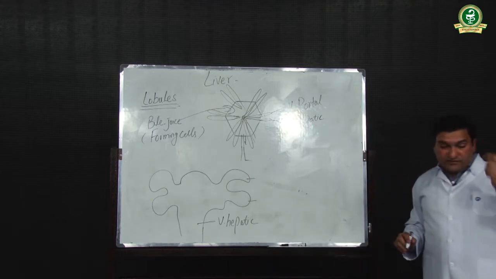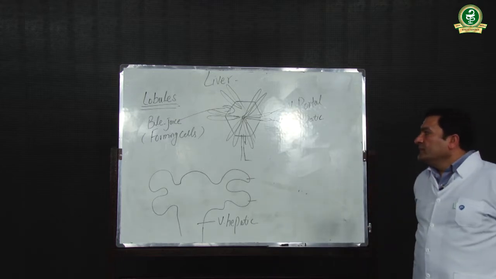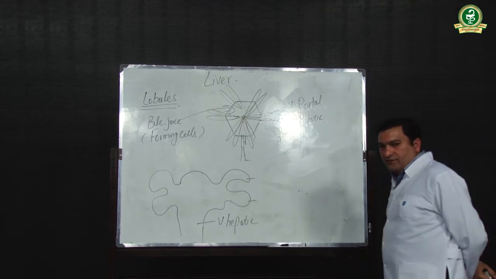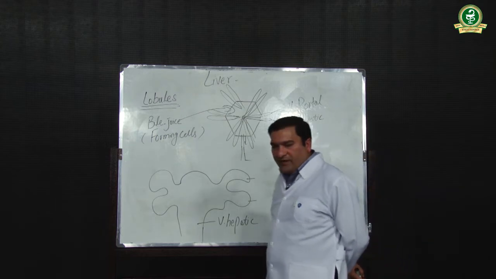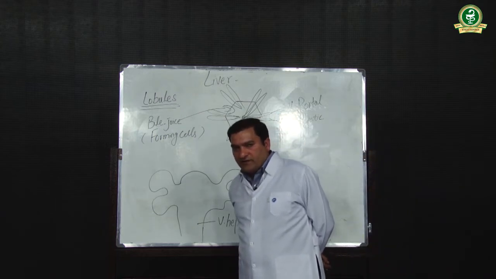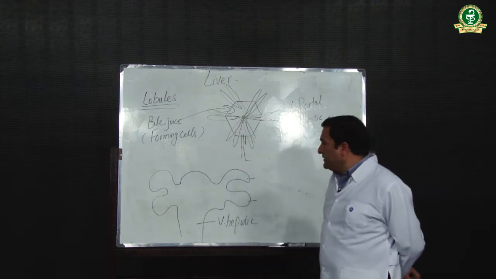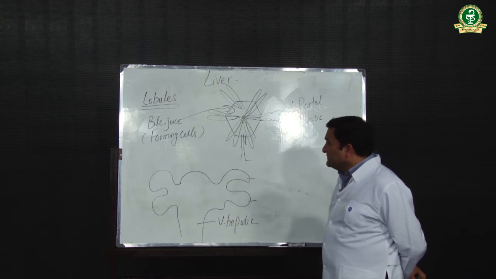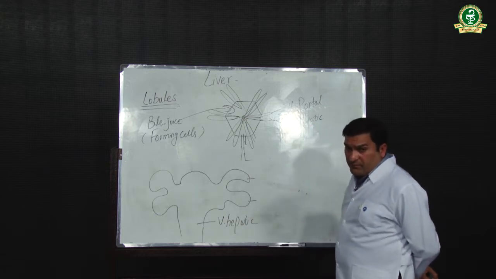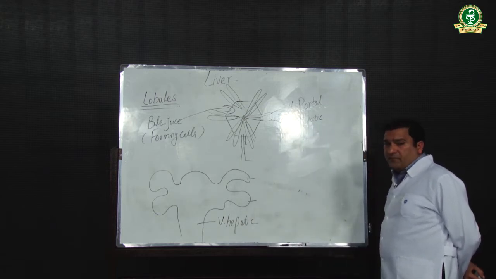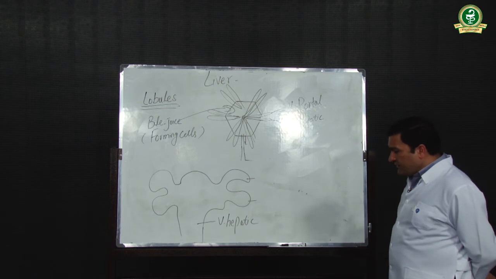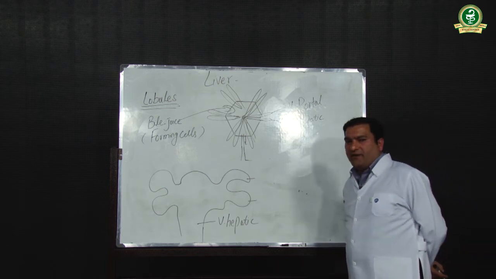That is the lobule structure. There is also the formation of bile juice forming cells. There is a portal vein and hepatic artery present, and the hepatic vein takes the blood.